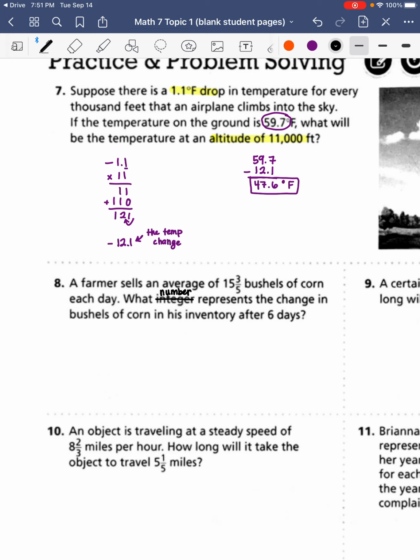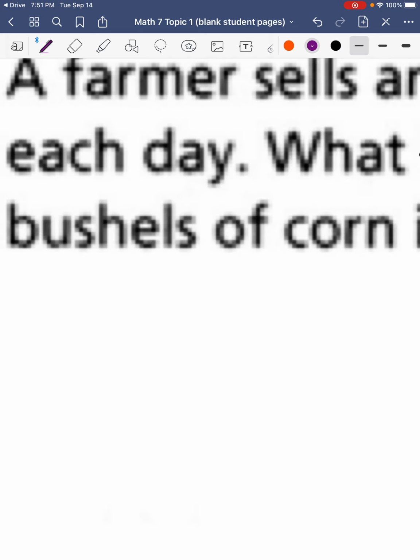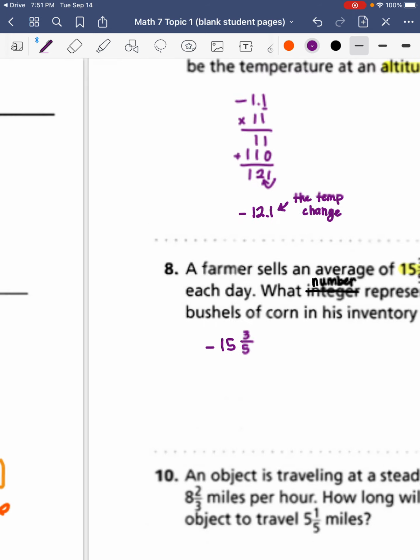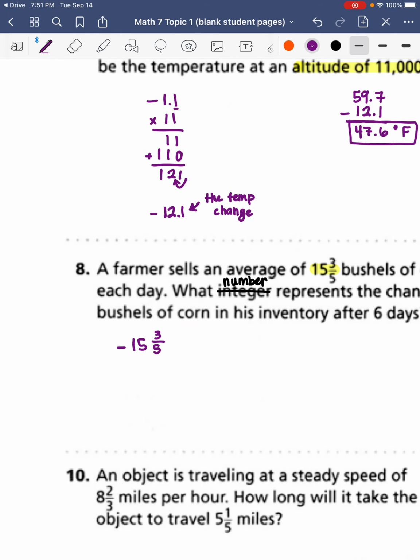So if he's selling 15 3/5 bushels of corn, that means his inventory is dropping by that amount each day. So what kind of 15 3/5 do we really need here? Because his inventory is dropping by that amount. You're right, that would be a negative 15 3/5. So we have negative 15 3/5, and that's how much he sells each day.